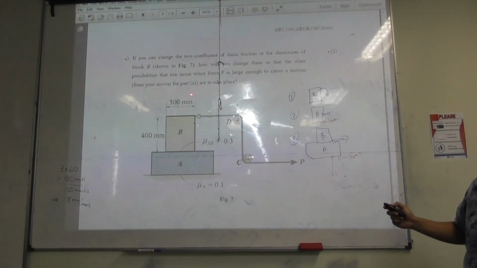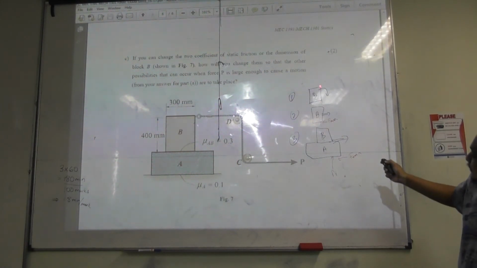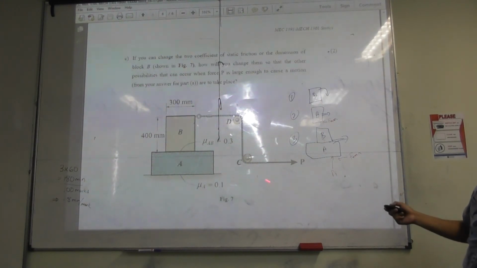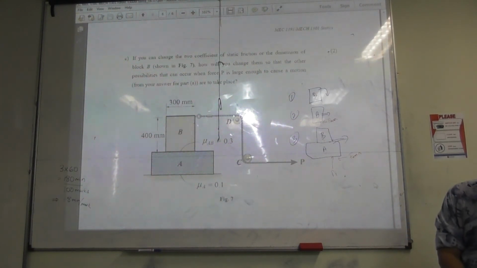Based on your part A. Because you have 3 possibilities, and you already answered one of these, right? The question says, if you can change this or the size, how will you change it so that the other possibility will be the answer?